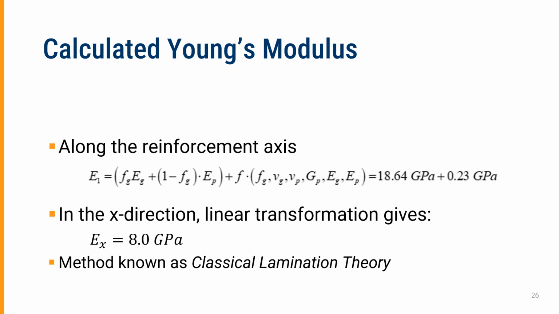Essentially, along the reinforcement axis, remember the axis is 1, we get a calculation which is based on the modulus of the glass and the modulus of the polymer and their relative volume fractions. And then we get a function of those volume fractions, the volume fraction of the reinforcement, the Poisson's ratios, the shear modulus, and again, the moduli of the glass and the polymer.